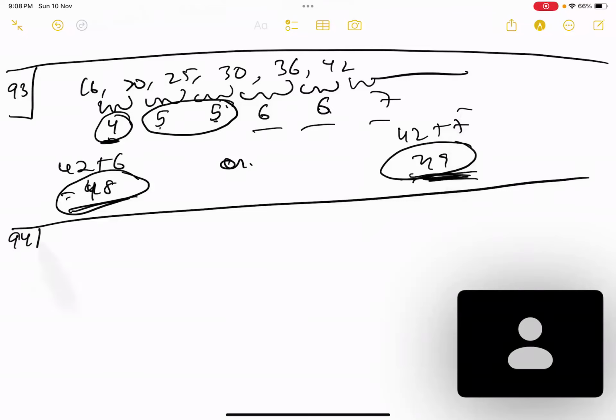Next is number 94. From among these numbers, which is the different one?